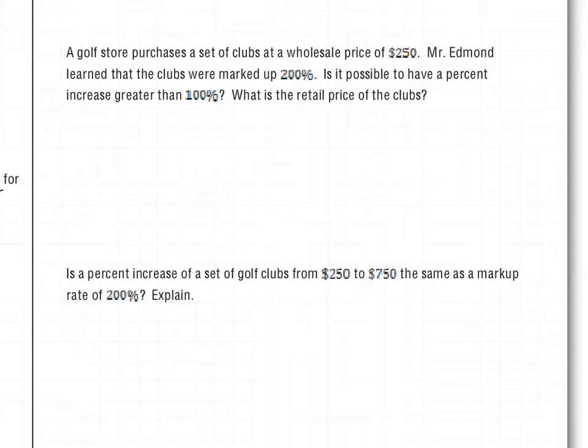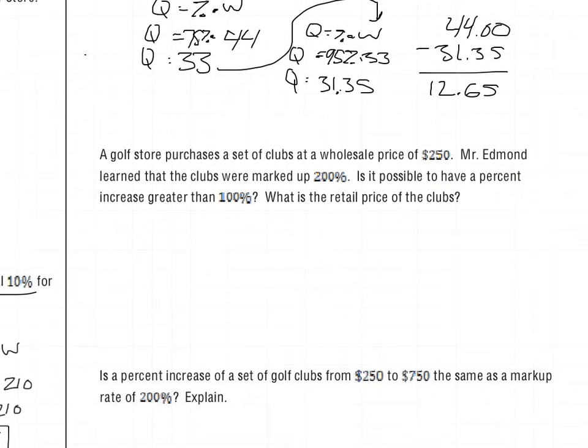What is the retail price of the clubs? So quantity is equal to percent times whole. Well, our whole that we're starting with is our original price of $250, and we're marking it up 200%. Well, we're going to pay 100%, the $250, plus an additional 200%.